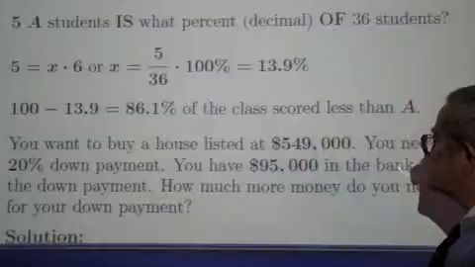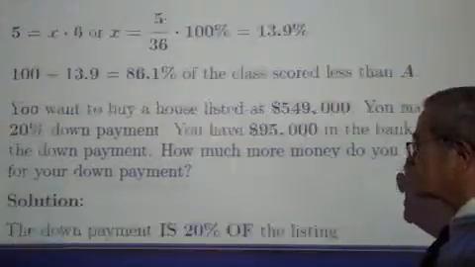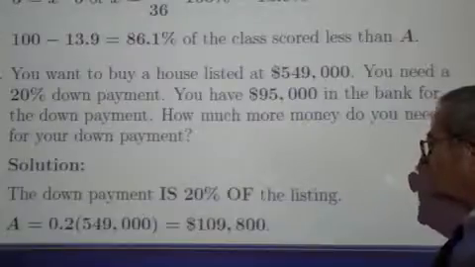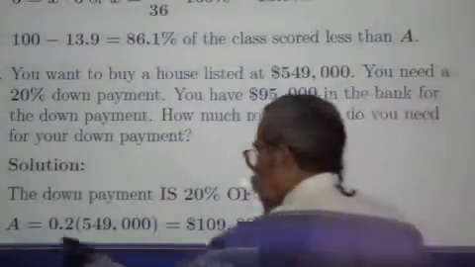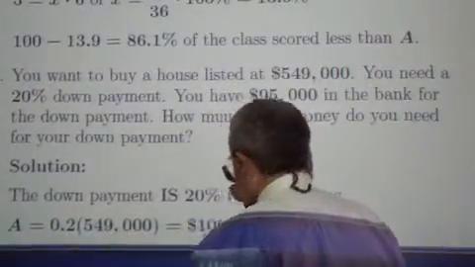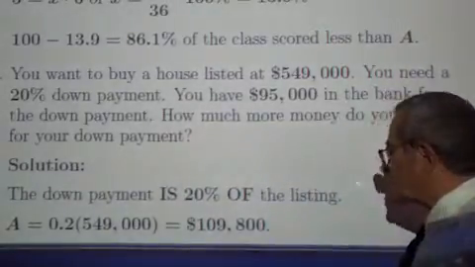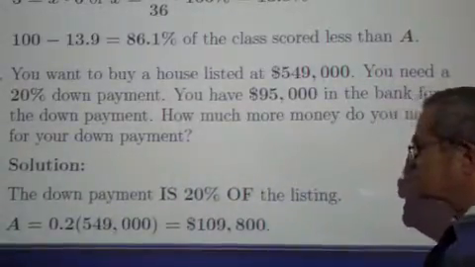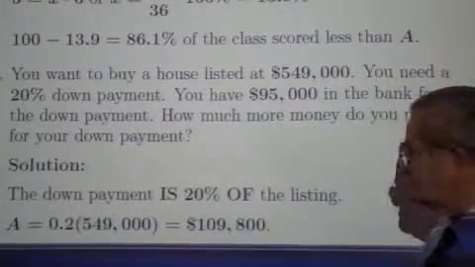So your house is $549,000. You need 20% of that. The down payment is 20% of the listing. The down payment is 20% of, so times 549,000, or 109,800. Too bad you can't use a calculator.